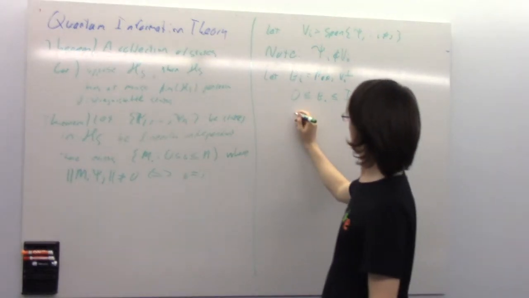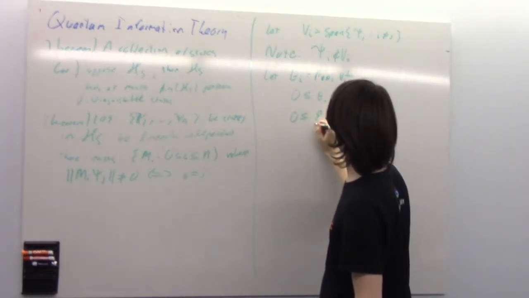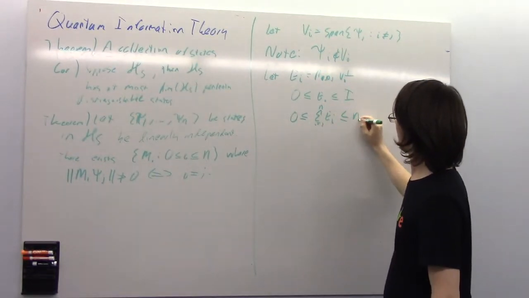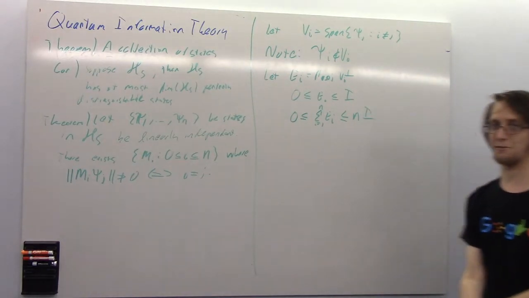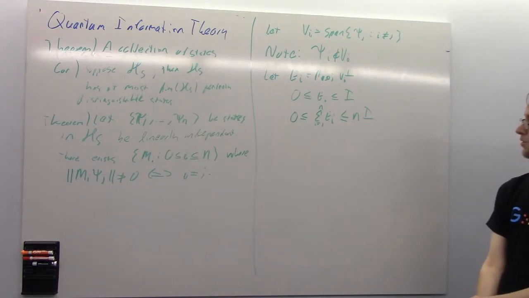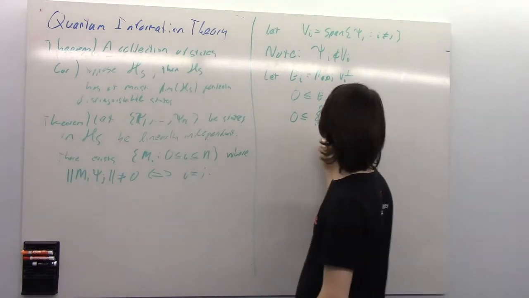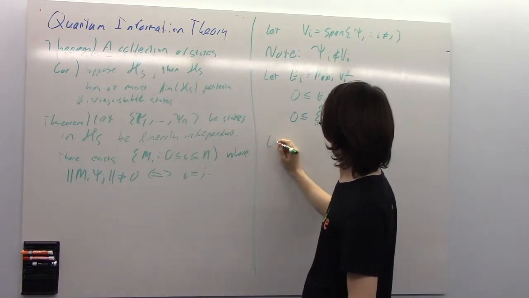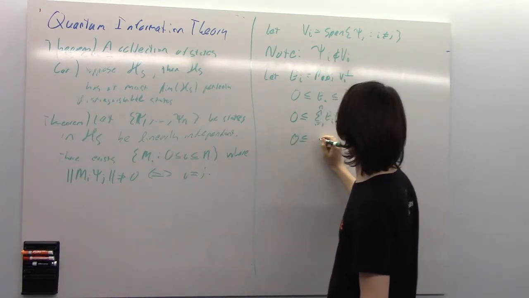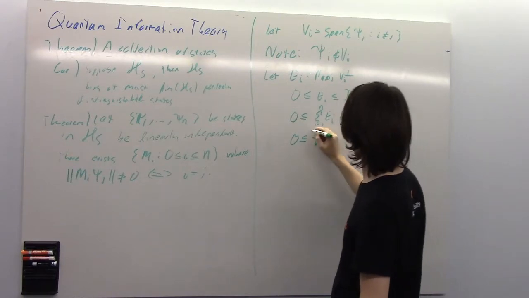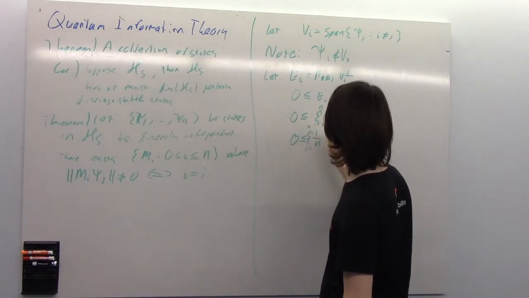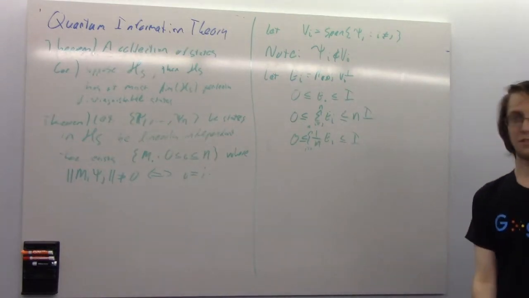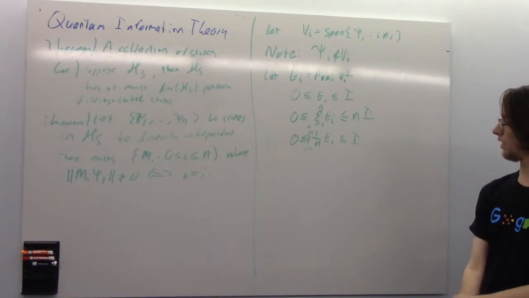Now we get 0 is less than or equal to the sum I equals 1 to n of EI is less than or equal to n times identity matrix. Finally, we get zero is less than or equal to 1 over n, sum I equals 1 to n, EI is less than or equal to the identity matrix. Okay.